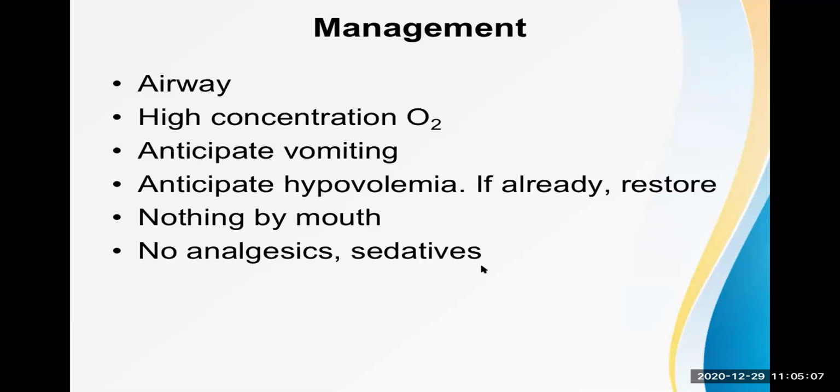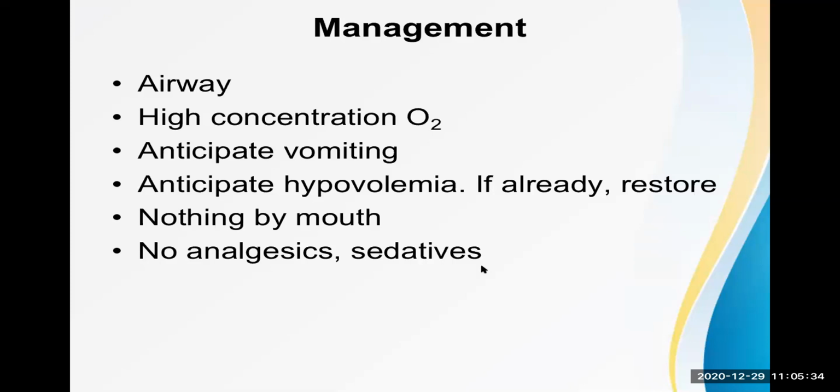So until you make the proper diagnosis, no analgesics or sedatives are given in a case of acute abdomen. That is the reason, because it may hamper our diagnosis. For example, by giving a very strong analgesic, remember when you are doing a rebound tenderness test, it is absent. Now, how can I diagnose acute appendicitis if rebound tenderness is absent?